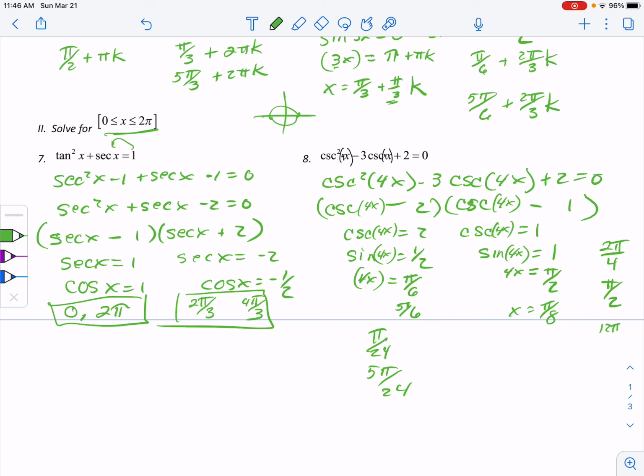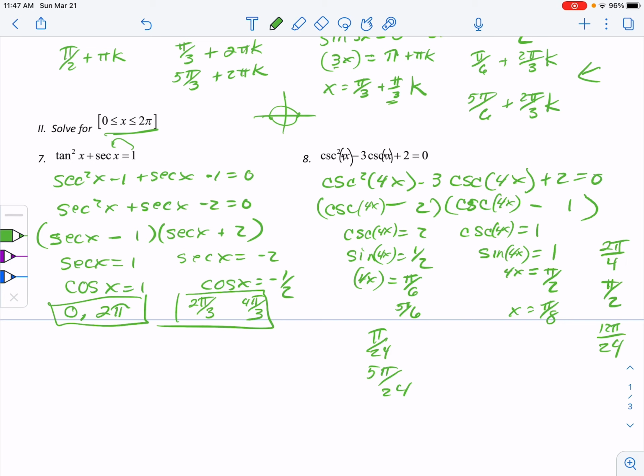And pi over 2 is 12 pi over 24. Oh, I did the same thing over here. No, I'm all right. It was this one. We're right. Never mind. 12 pi over 24. Yep, I got to come back and fix that. Hang on.